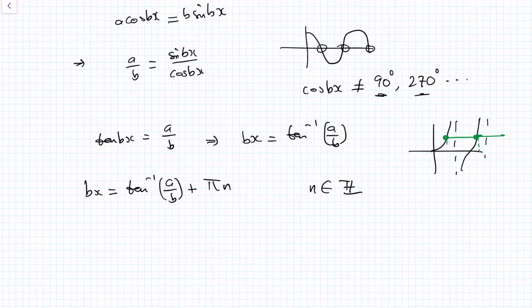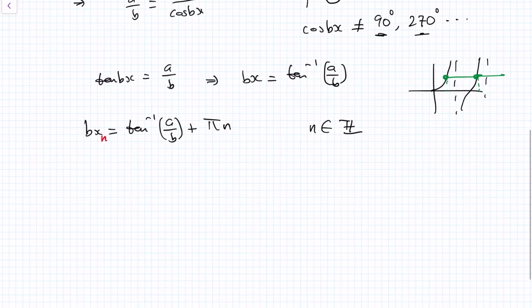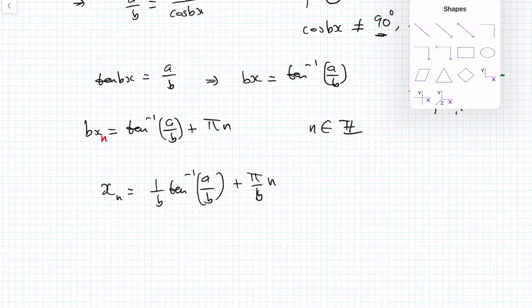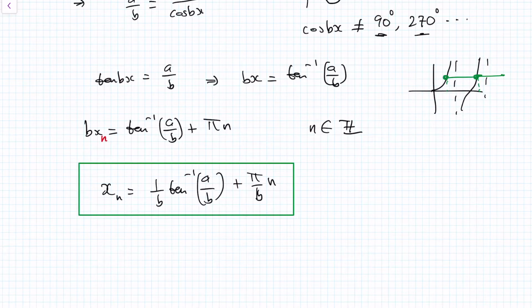So we have x_n is equal to 1 over b tan inverse of a over b plus pi over b n. So that answers the first question.